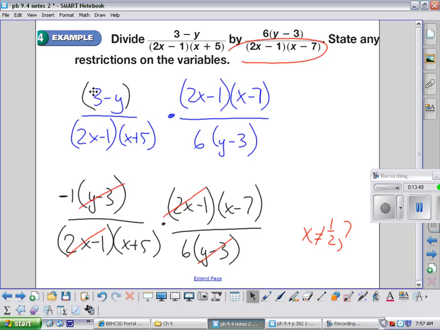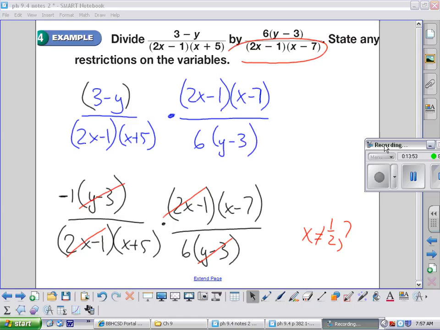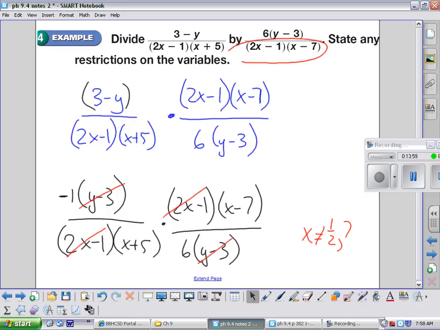So I'm going to wrap this up here. We got x can't be these. Negative 5 would be bad as well. Right? And positive 3 would be bad. Okay? All right?